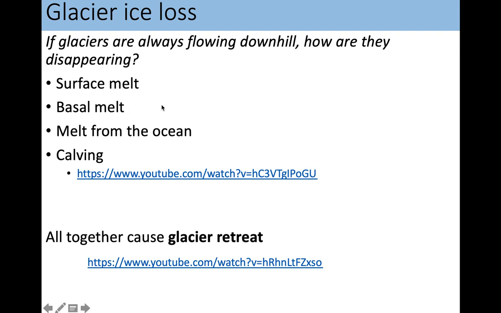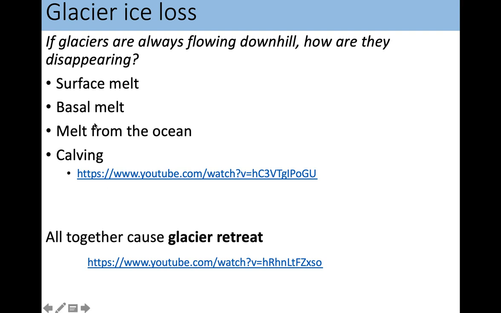As the bottom of the glacier moves against the surface of the bedrock, the rock beneath, that can cause friction, which can cause melting. There's also melt from the ocean. Those marine terminating glaciers that end in the ocean, the ocean is generally warmer than the ice because the ocean is not frozen. It's incredibly cold, don't go swimming there, but it's warmer than the ice. So that heat from the ocean actually has a huge effect on those marine terminating glaciers, causing extra melting.